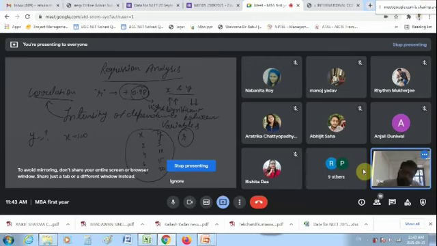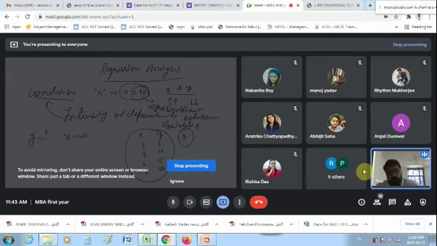But if you ask me, based on this relationship, what will be the value of y if x is equal to 100? Now, this question cannot be answered by using the correlation coefficient.